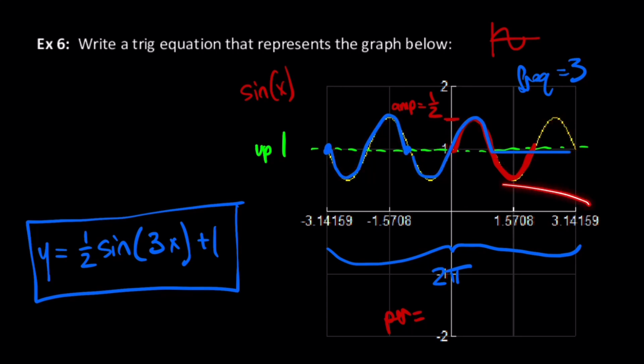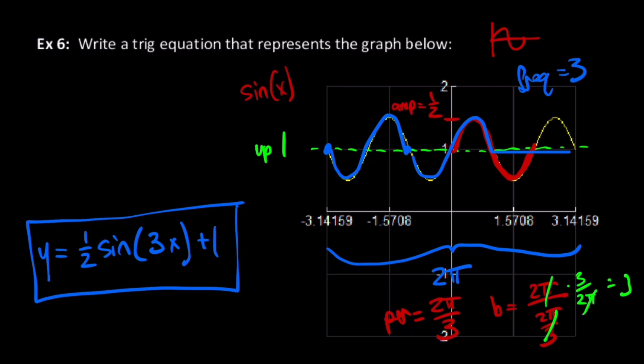So I would have to take this 2 pi and divide it by 3. That's the length of 1 cycle. So then to get your b term, you take 2 pi over 3. And you're like, wow, that's a mess. I have to do copy, change, flip, times 3 over 2 pi. 2 pi's cancel, and I get 3. So either way, you end up getting 3 here. But this is a higher level question for sure.